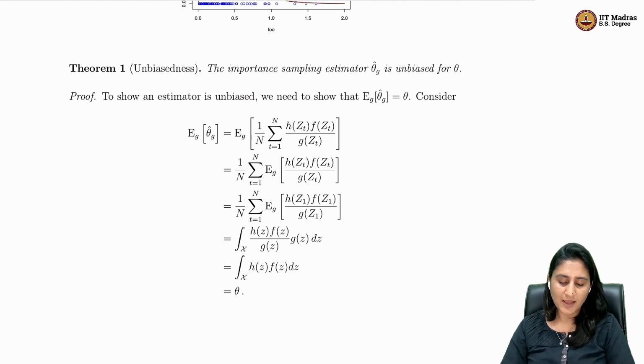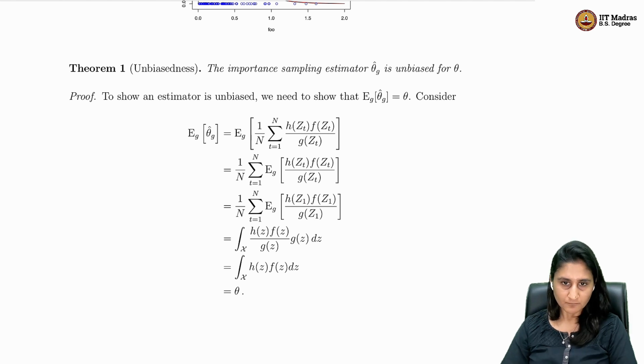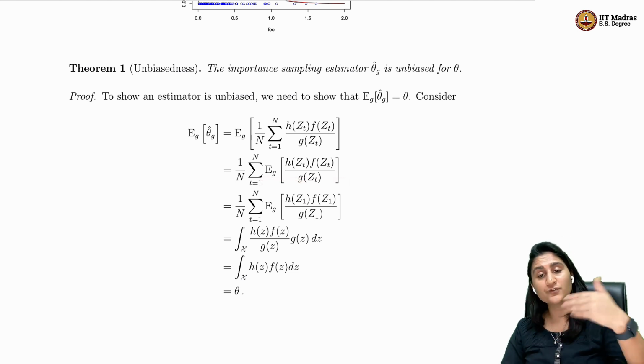So I exchange them, and then I get 1 over n summation t going from 1 to n of the expectation of h of z times f of z by g of z. But now I notice that these are all identically distributed. So this expectation is the same for all of the t's.